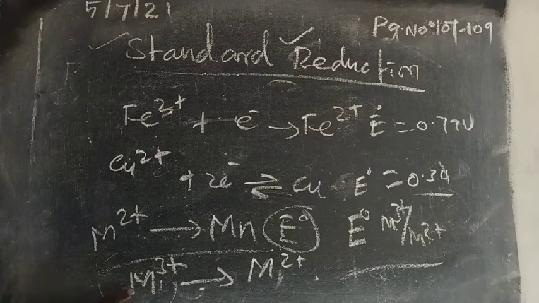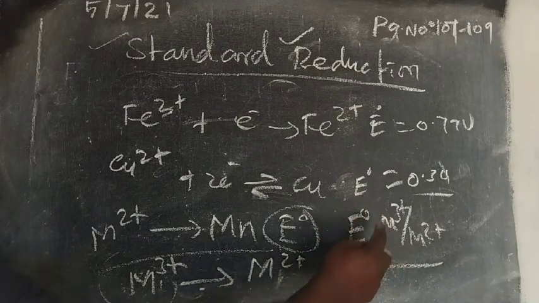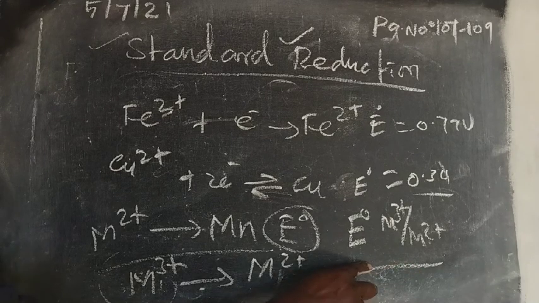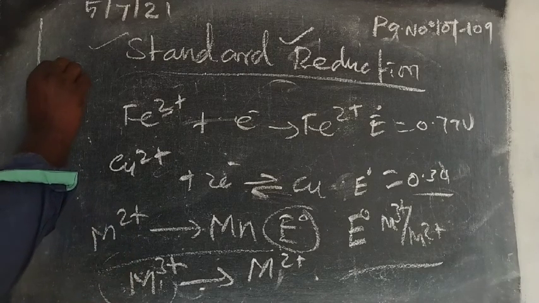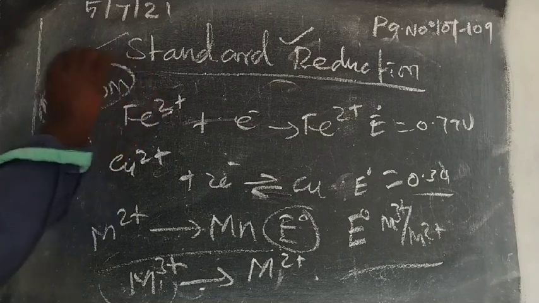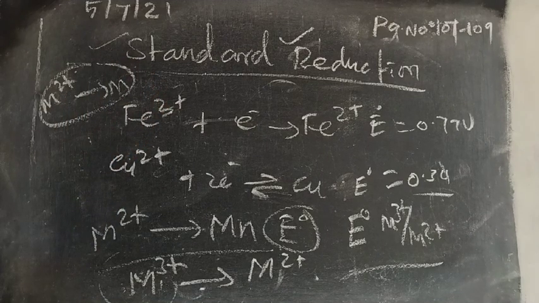That means, for the M3 to M2 formation reaction, how much EMF is produced. That EMF value is used to measure the stability of the ion. Usually we will use only M2 plus to M conversion to predict the standard reduction potential values. By using their values, we can find their oxidizing power.